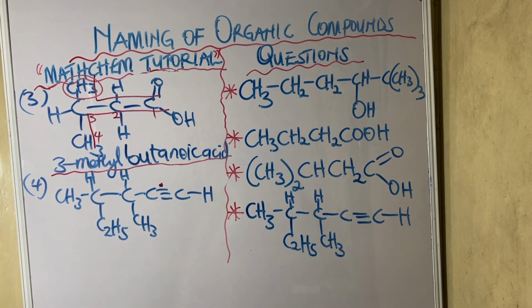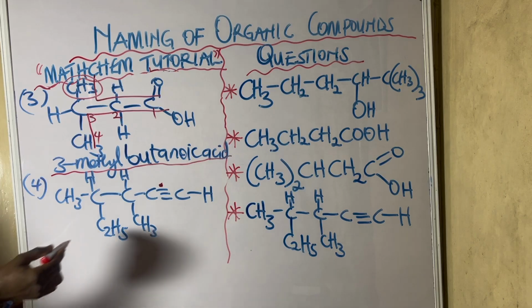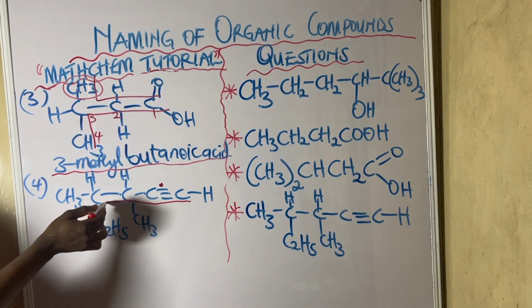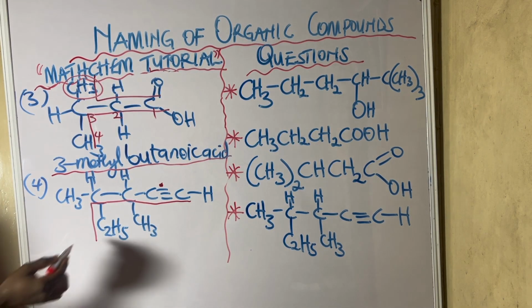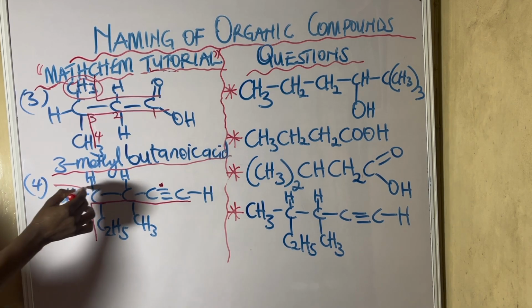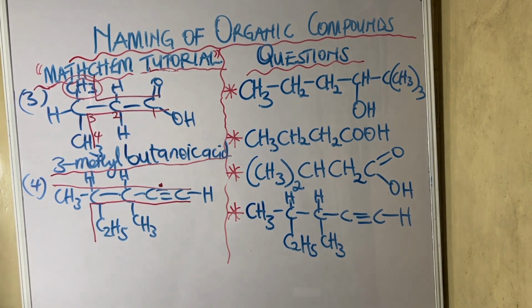So I already know that I'm working with alkyne. All right, now let me identify my parent chain, that is the longest carbon chain. So let me look at it, the best one for me to use is from this place, and here. This is the longest, because if I take the carbon atoms like this, let's count this.